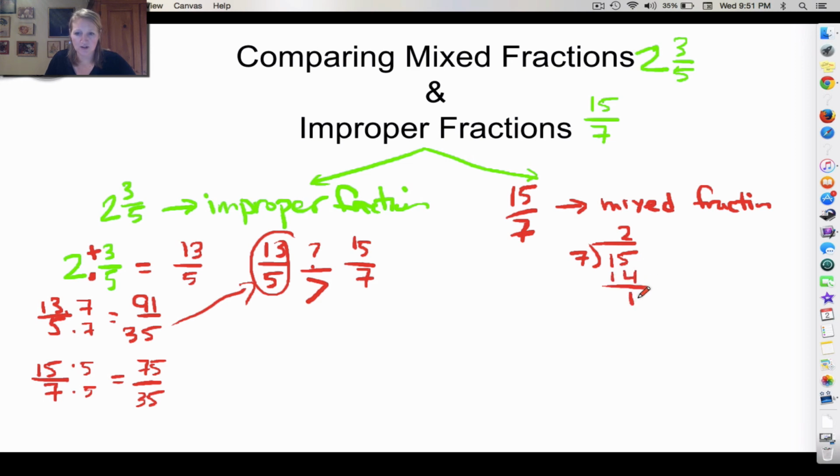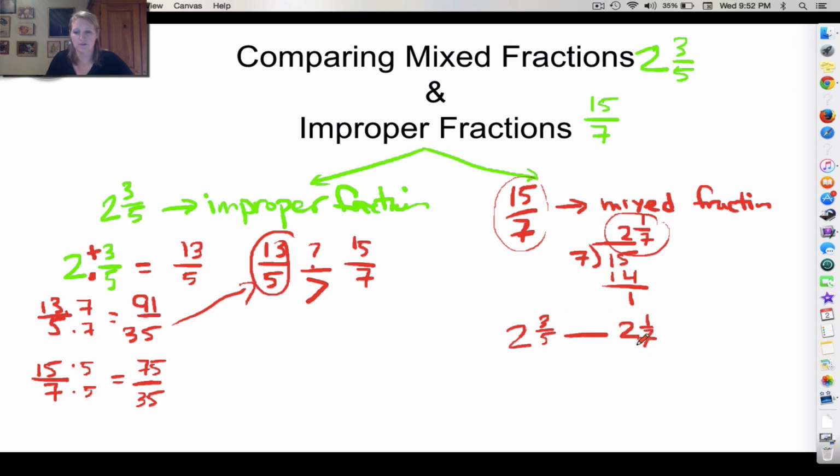You have a remainder of 1, and so what that really means is that you have 1/7. So 15 over 7 is really 2 1/7. And so the question is, 2 3/5, the original problem, greater than, equal to, or less than 2 1/7?